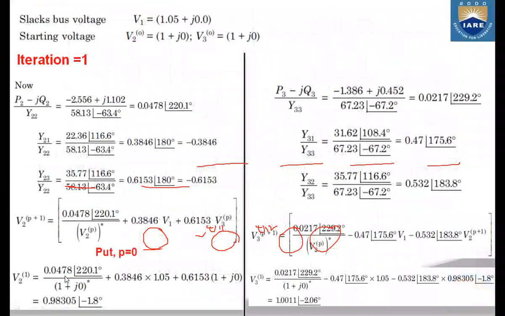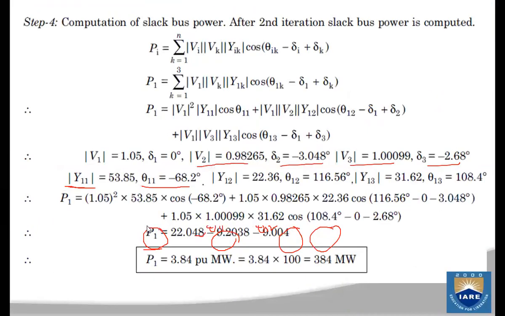So theta values, magnitude of V values, delta values, for all the buses. Now you can compute the slack bus power by using static load flow equations. Right.